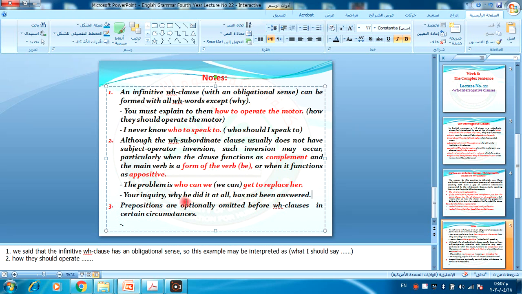So if you look at this one, do we have a subject-operator inversion? No, we don't have, but we have the possibility to do a subject-operator inversion. So now think about it: how can we do the subject-operator inversion here?